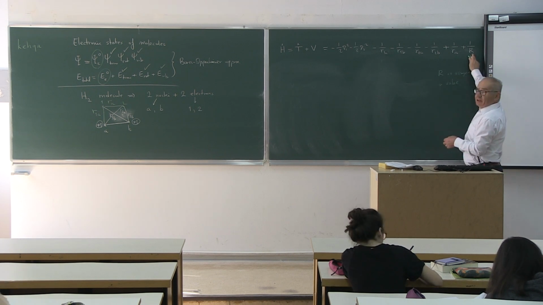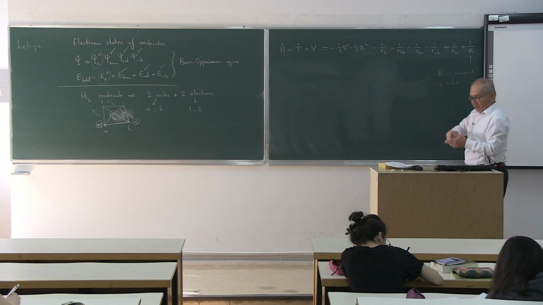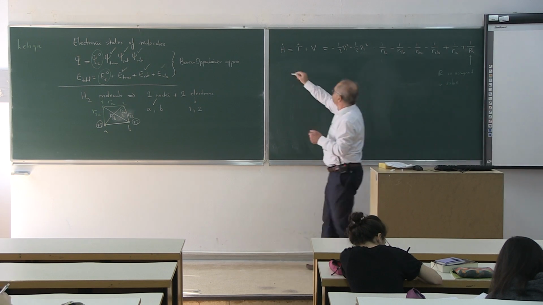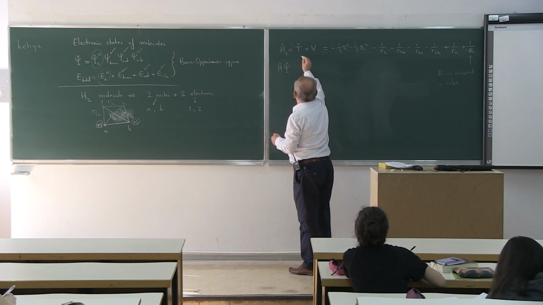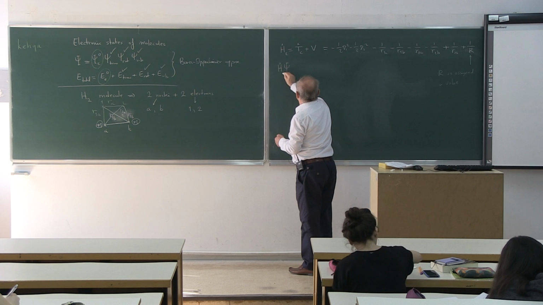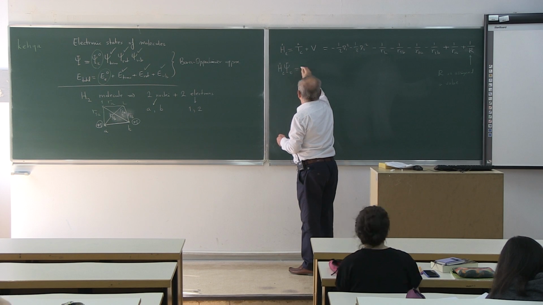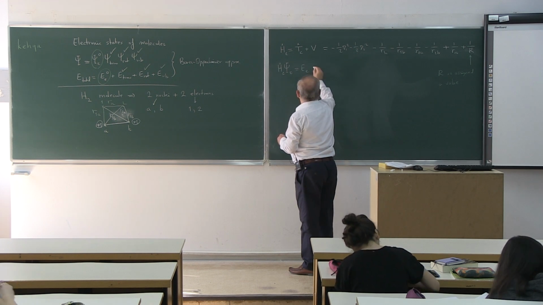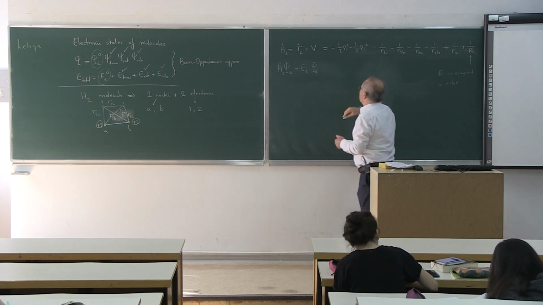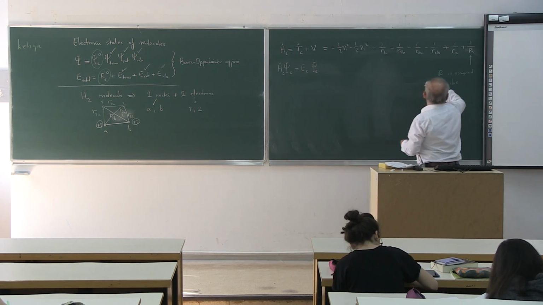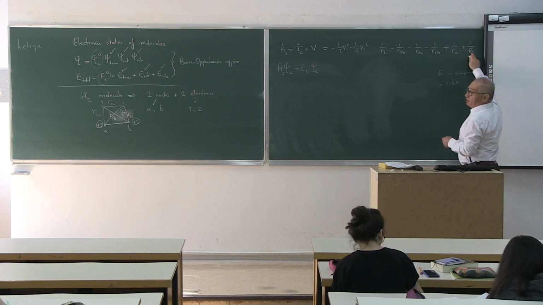Therefore, this is just a constant in the solution of this problem. This is electronic Hamiltonian. I'm going to drop the subscript later, but in this problem, this term is a constant.